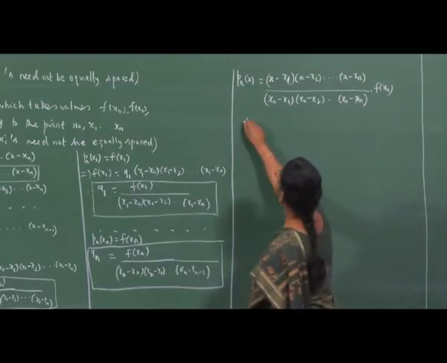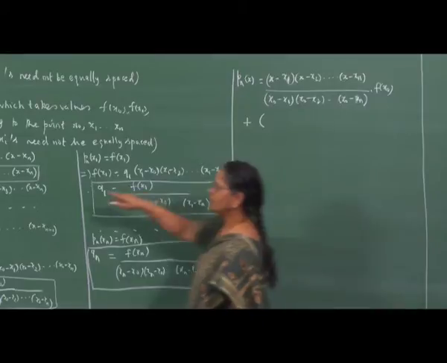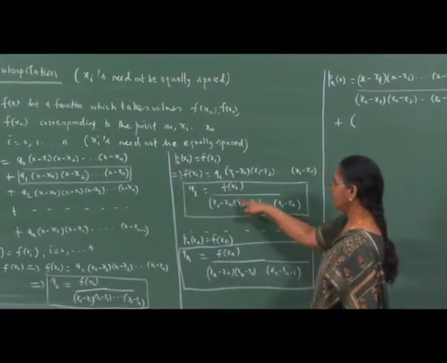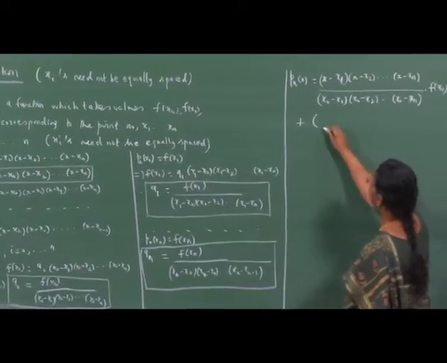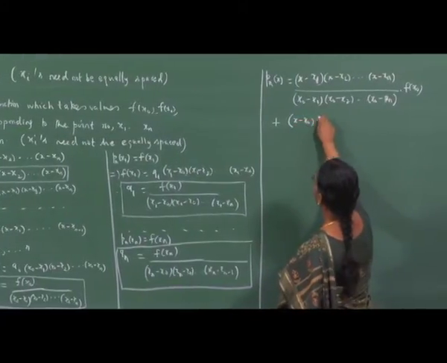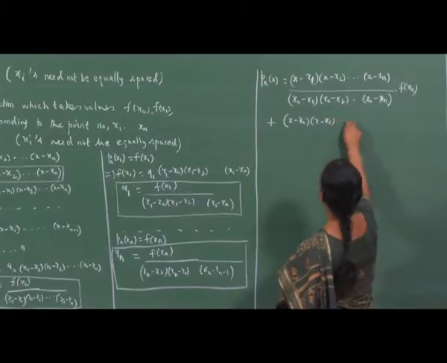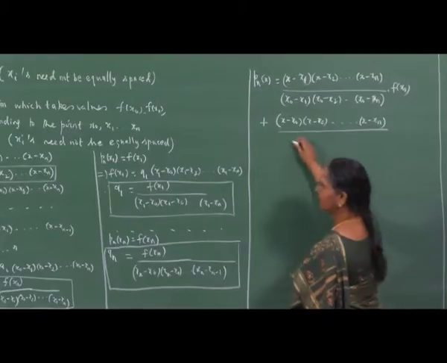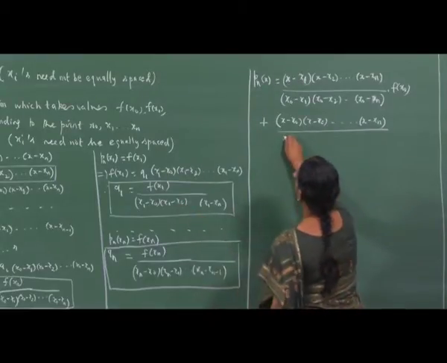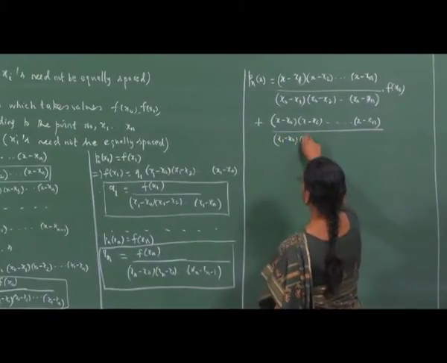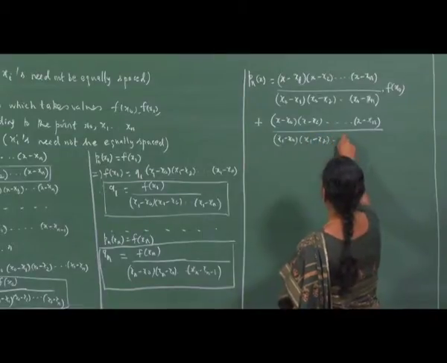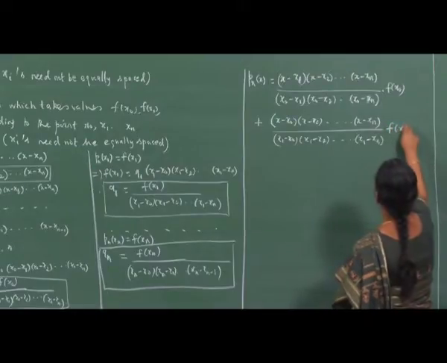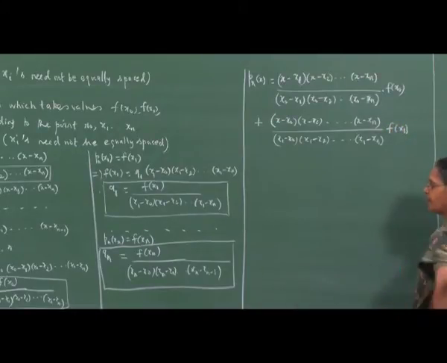Next term will be plus. I should substitute for a 1. So, a 1 is obtained here. When I substitute, I get x minus x naught into x minus x 2 etc. up to x minus x n divided by x 1 minus x naught into x 1 minus x 2 and so on x 1 minus x n multiplied by f of x 1.